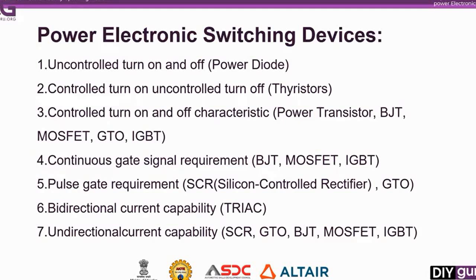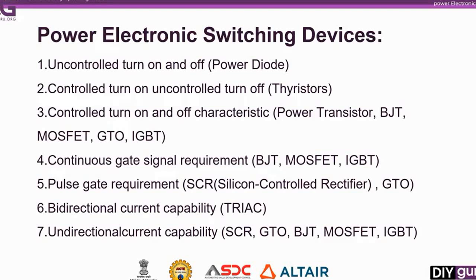And then we have the third type of devices, which are fully controllable. These devices can be turned on and turned off by some provision, for example gate control. The examples of this type of devices are transistors. Transistors are controllable devices.